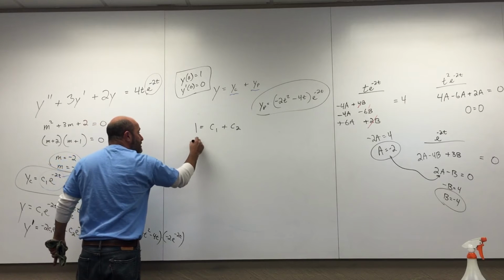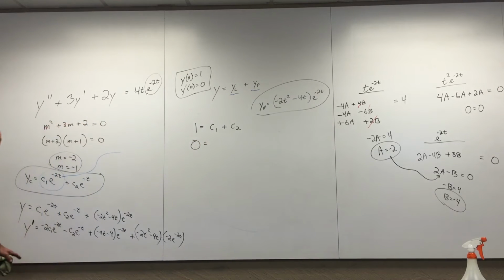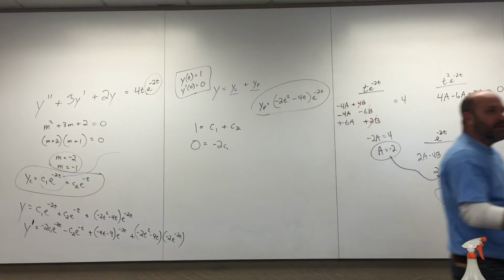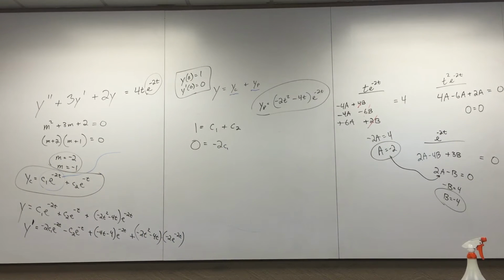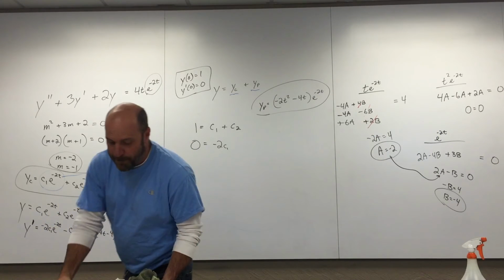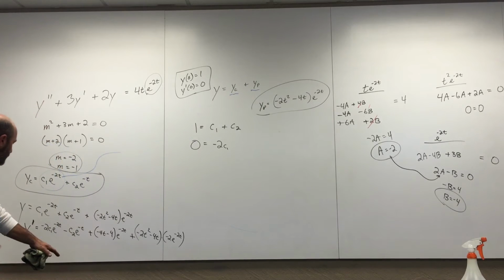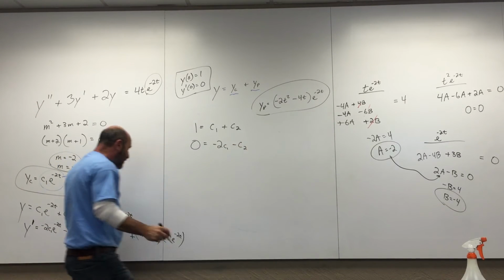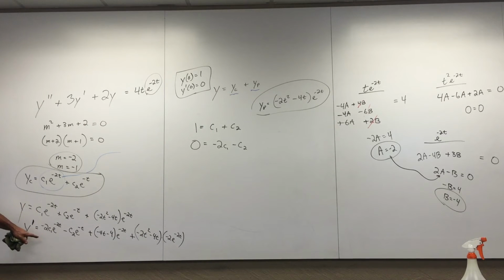All right, so I'm going to get a 0 for y prime, and if I plug in a 0, I get negative 2c1 minus c2. What else, though? There might be something else here if you plug in a 0.